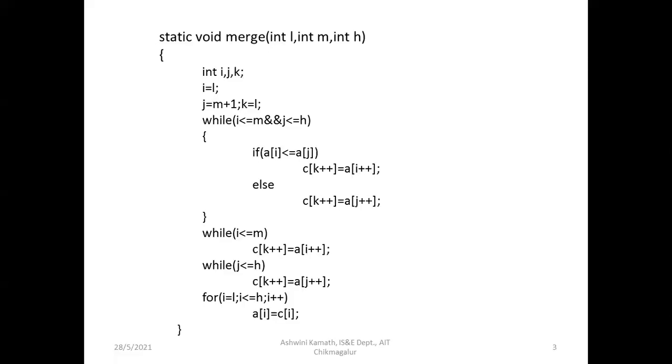So int I, J, and K. We have static void merge. We are passing three variables: int L, left index, M, middle index, and H, last index or right index.